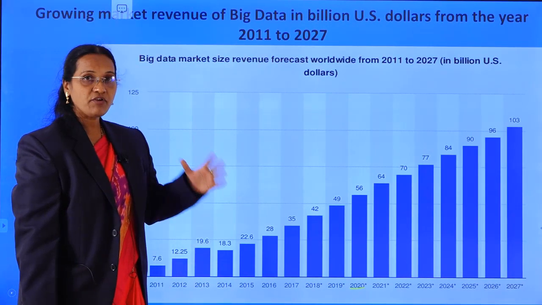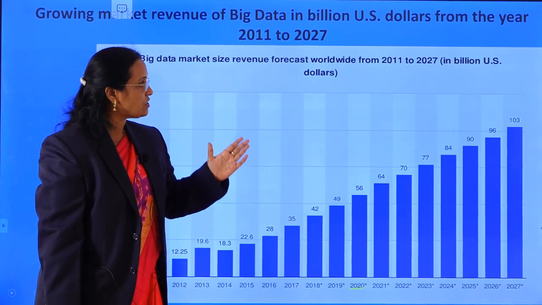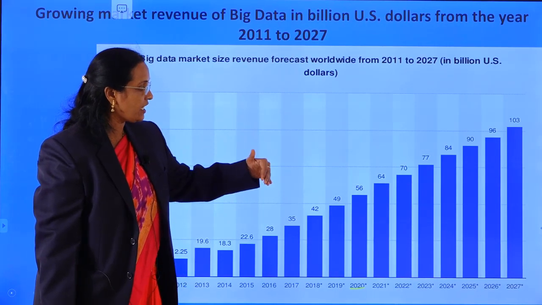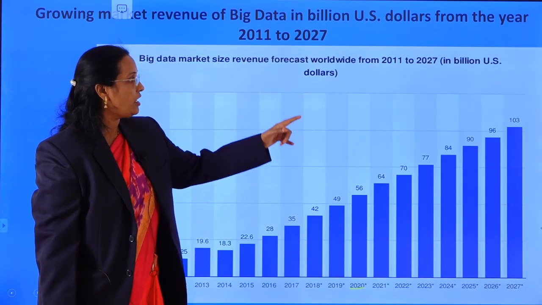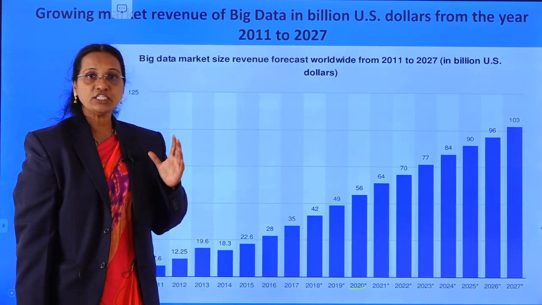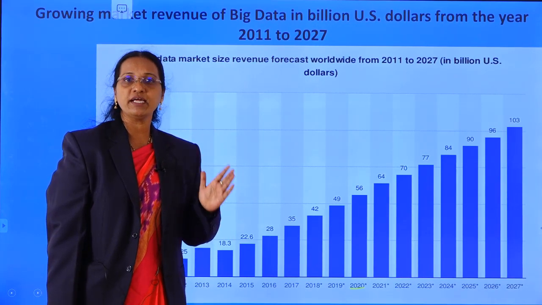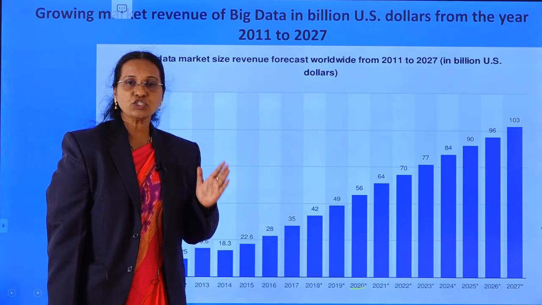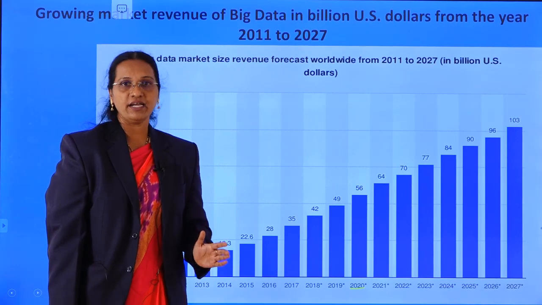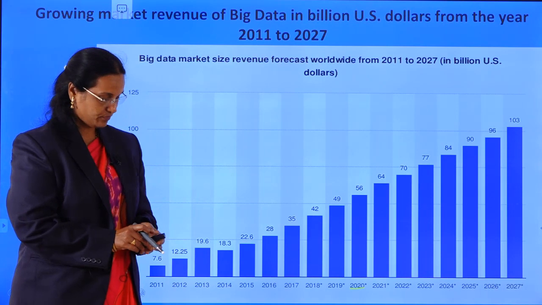And the surveys and statistics say that the revenue will increase, certainly by 2027, to almost 103 billion US dollars. This slide shows that there is a large demand for big data analytics. There is a large growth of big data analytics. There will be a large demand for jobs in big data analytics. So there is a very good opportunity for us.